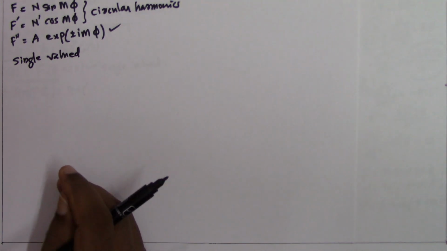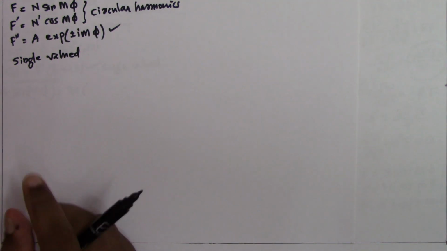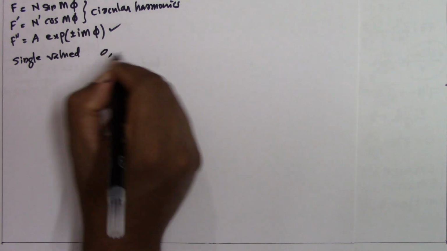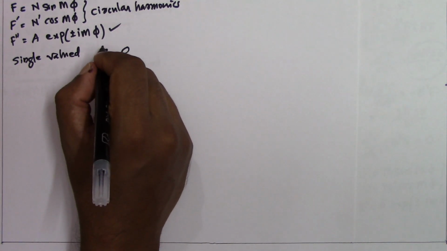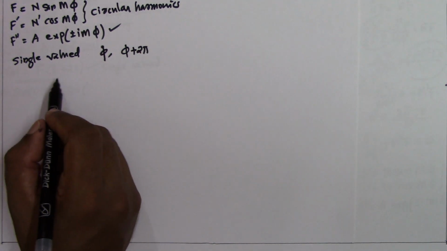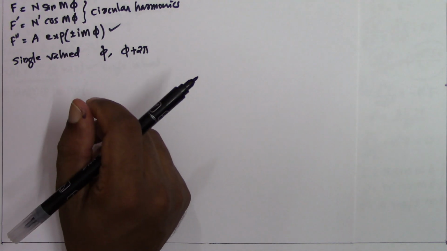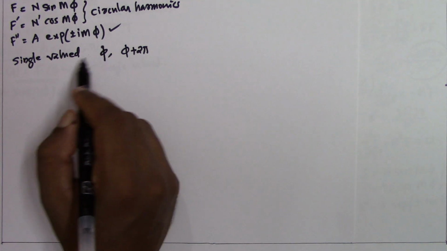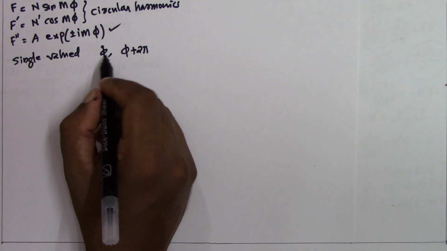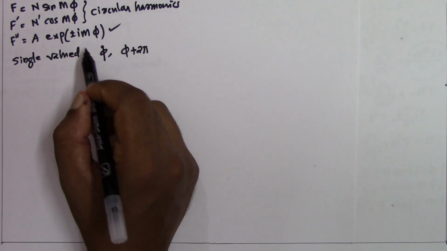Here we can apply the condition of single valuedness for a point in the ring. Let that point be represented by phi and phi plus 2 pi, because phi and phi plus 2 pi will represent the same point in the ring. It means that the particle is at phi angle from the x-axis, and once it completes a 2 pi rotation, it will reach back the same position, right?